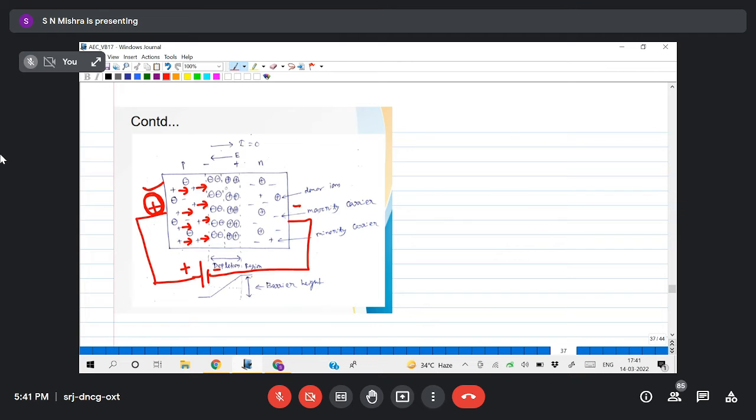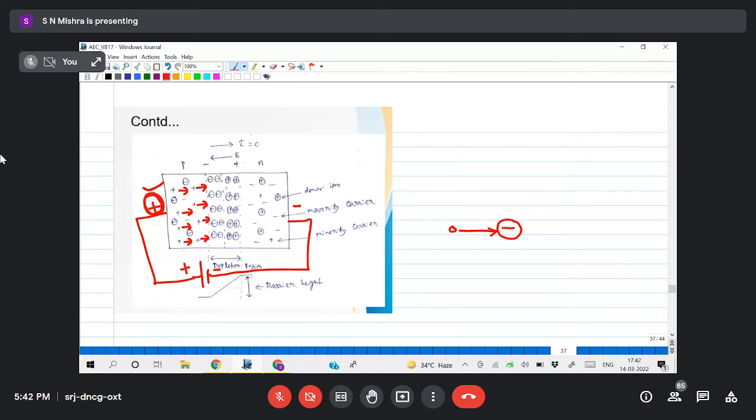So when they move to the right side, tell me, if one negative ion is present and one hole is moving in this direction towards it, and the hole reaches the ion, then what will happen? Neutralization happens.